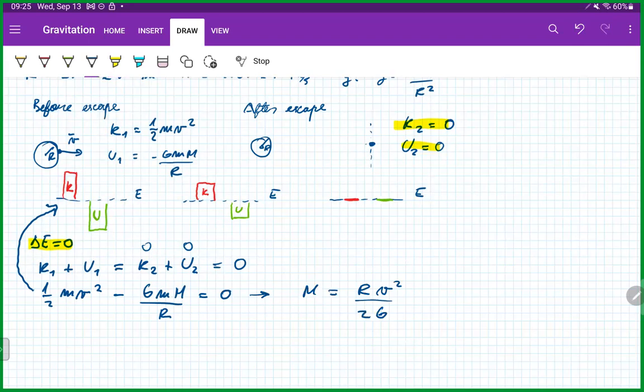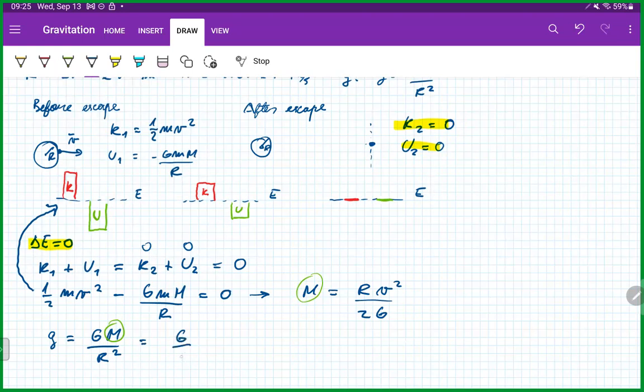And we can get G, right? So we can just substitute. We remember we had G equal to G big M over R squared. So we can substitute M, and that will give us G R squared.